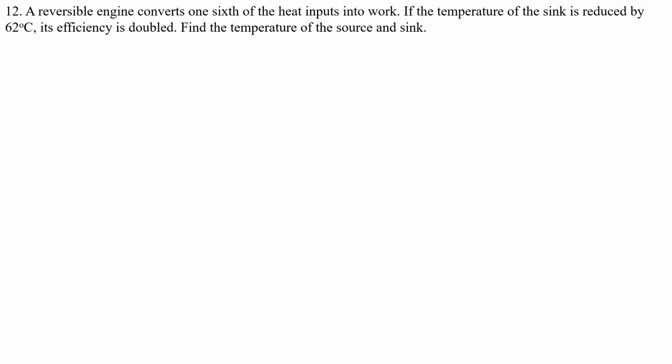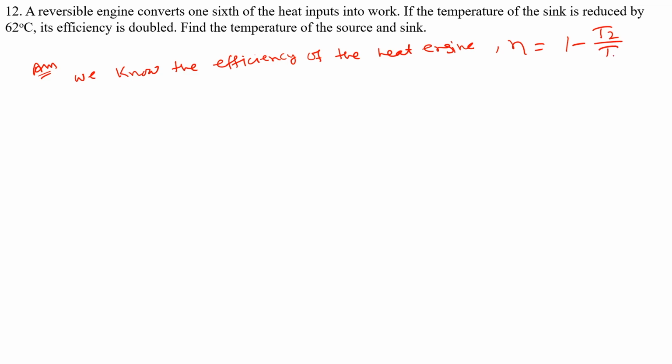Problem number 12 says a reversible engine converts 1/6 of heat input into work. If the temperature of the sink is reduced by 62 degrees, its efficiency is doubled. Find the temperature of the source and sink. So, the efficiency of the heat engine, eta, is 1 minus T2 by T1, right.